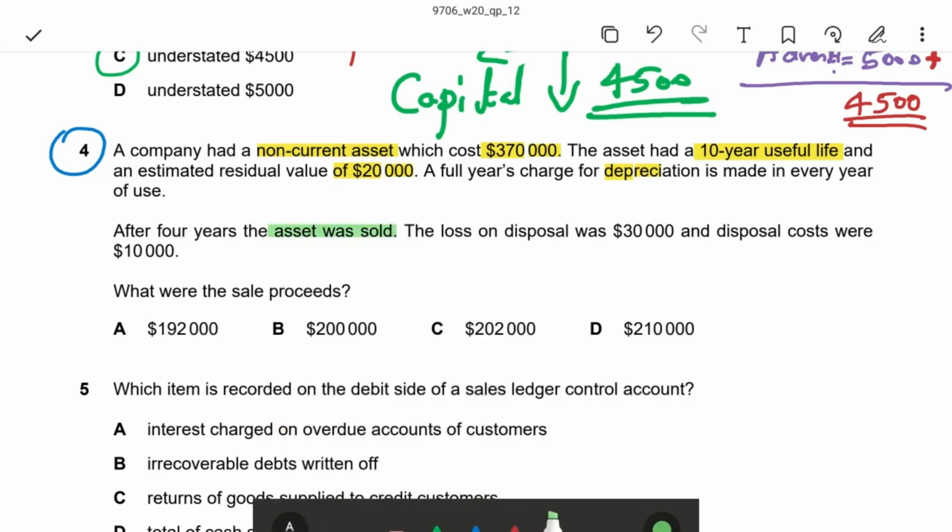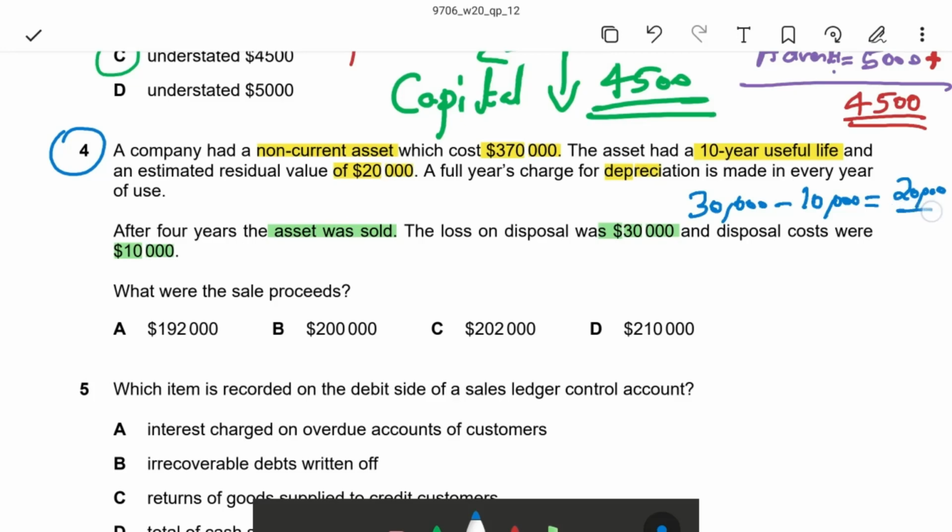The loss on disposal was 30,000 and disposal costs were 10,000. So the total disposal loss is 30,000, but it includes the disposal cost of 10,000. The actual loss is 30,000 minus 10,000, which is 20,000 only.